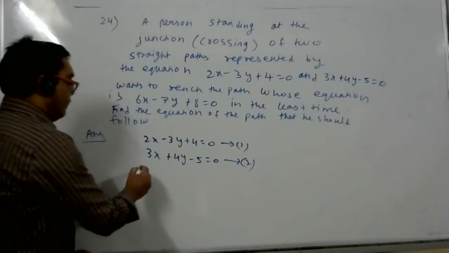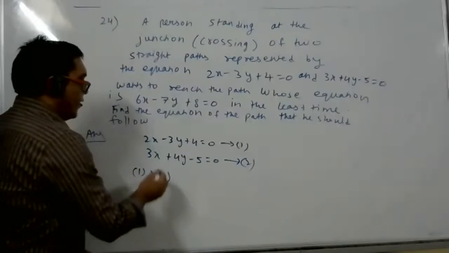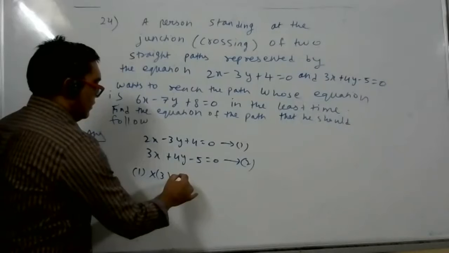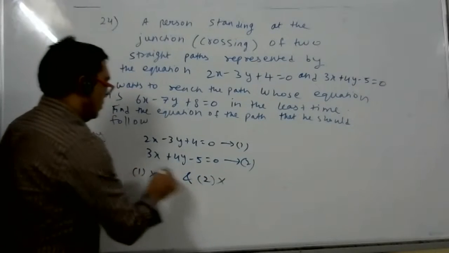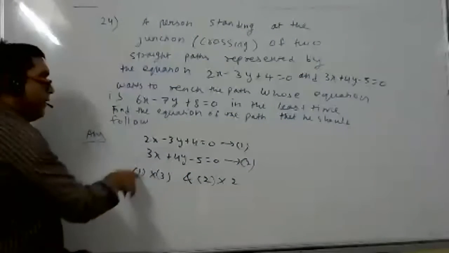Multiply the first equation by 3 and the second equation by 2. Correct, student? All of you know the elimination method now. Multiply.